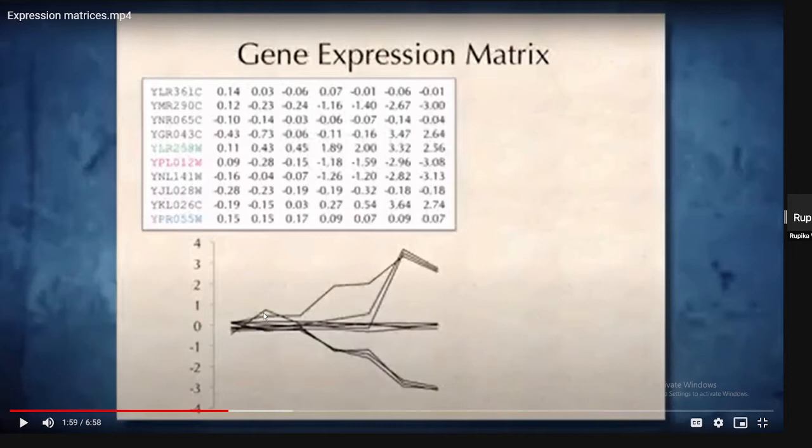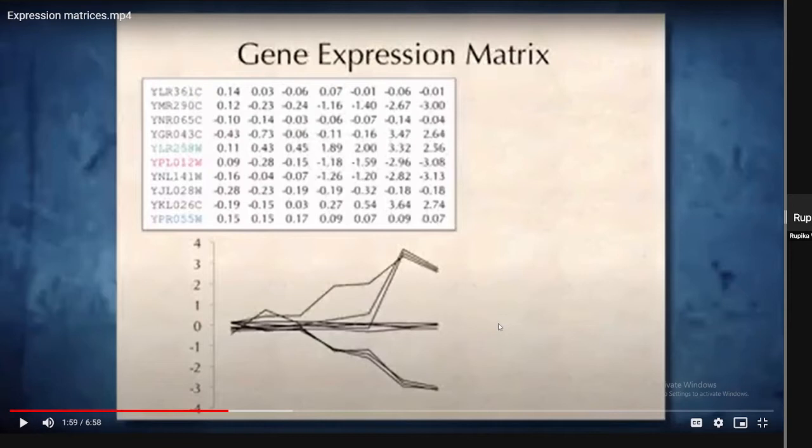And these genes also work in the same manner, and these two also. So we can say some genes work together. One advantage of tracking this gene expression is to identify the genes that are working in a similar manner, right?